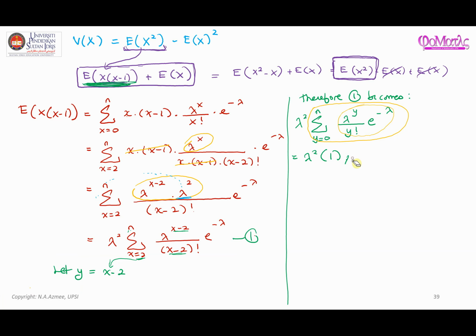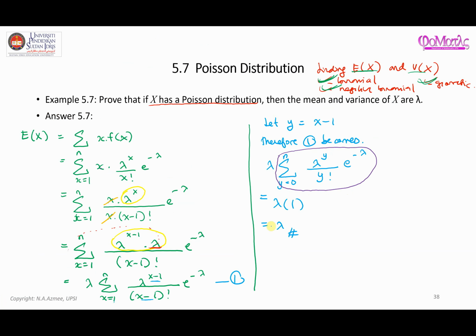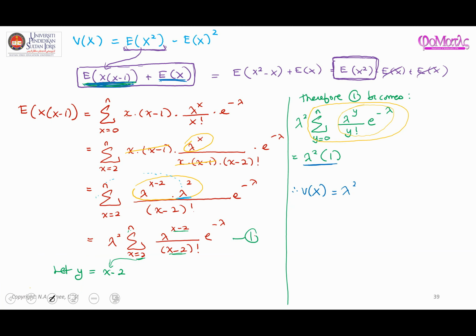Next, we're going to calculate the variance of X. So the variance of X is going to be this value, lambda squared, plus this guy. What is E[X]? E[X] is lambda, we have already shown that before, so lambda squared plus lambda.